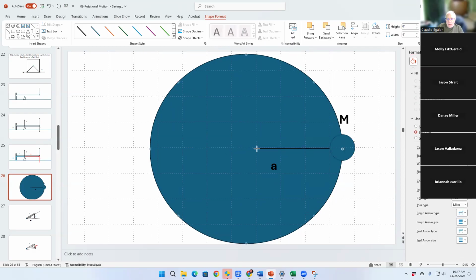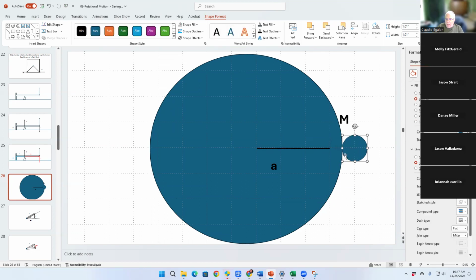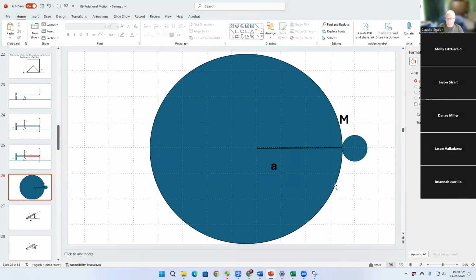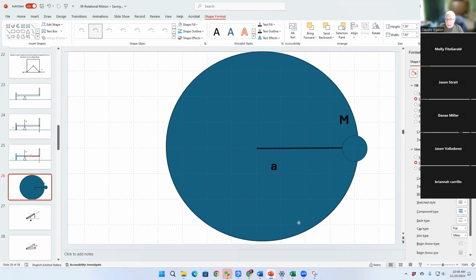Otherwise, it's not gonna fit here. Yeah, it looks like we can make it.